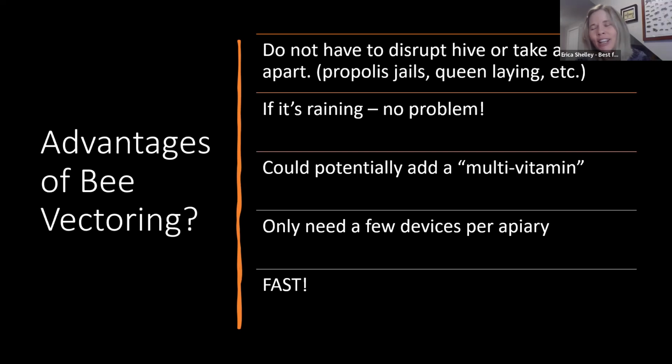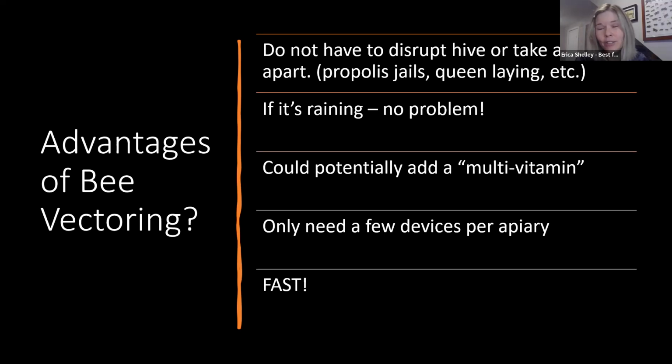Additionally, if it's raining, if it's cold, if it's evening, not a problem because you don't have to open up the hive. You could potentially add multivitamins or multiple doses of things over and over again, which would allow you to stay on top of any treatments that you might need to do for your bees.